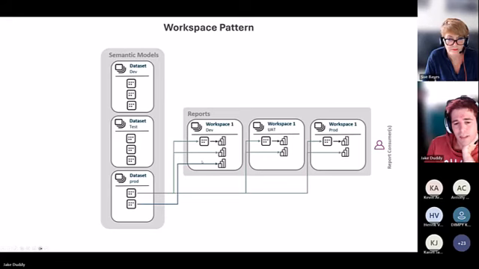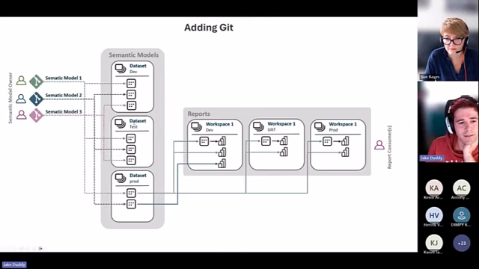And then you might have some composite models which are doing different things. The way that you might add Git to this is, I would say you'd probably want a single repo per semantic model, so you get a really clean Git history. But you also have to think about permissions within your repo.